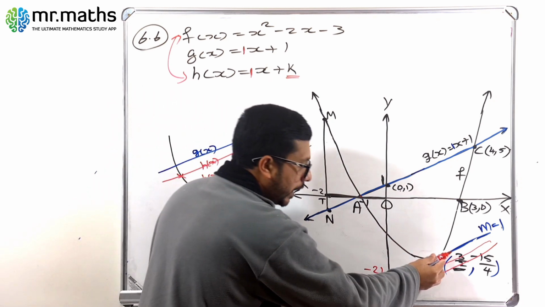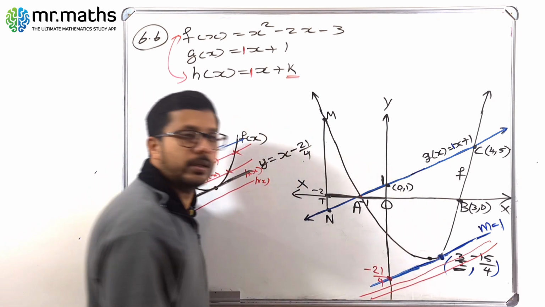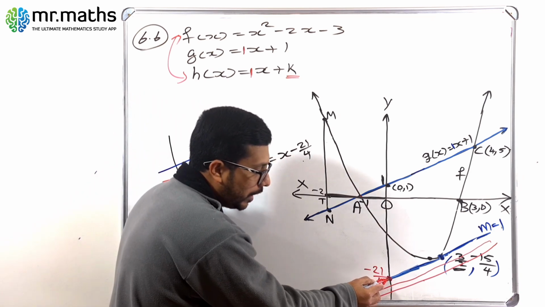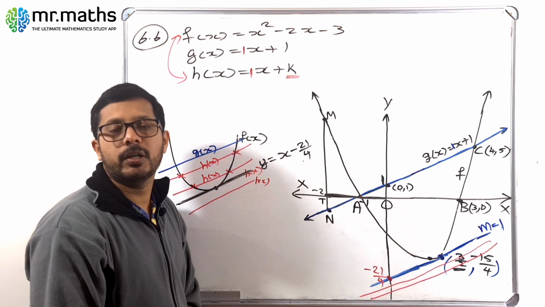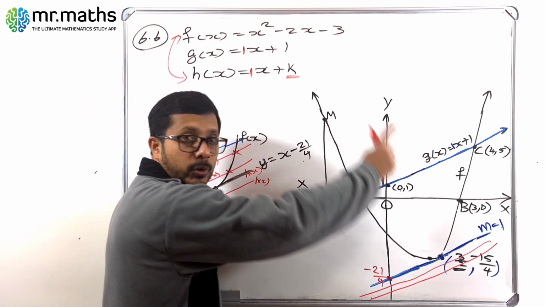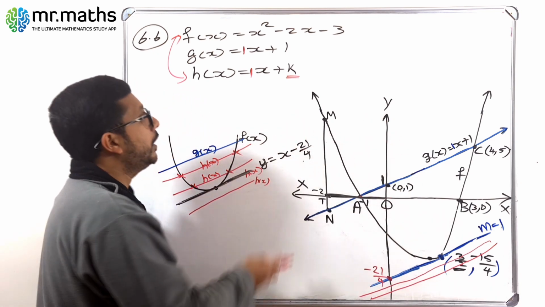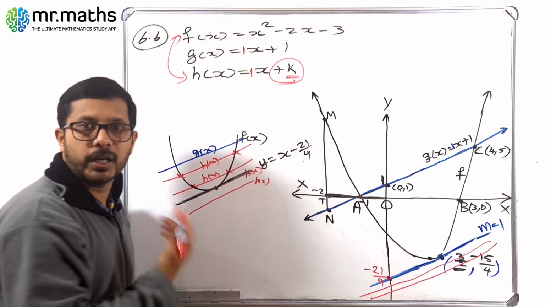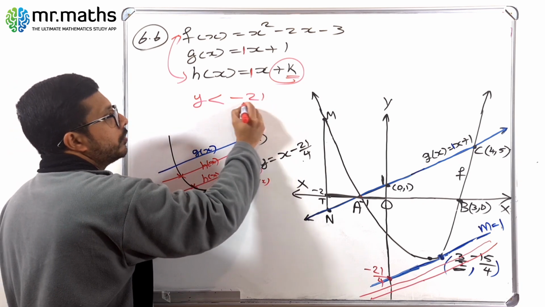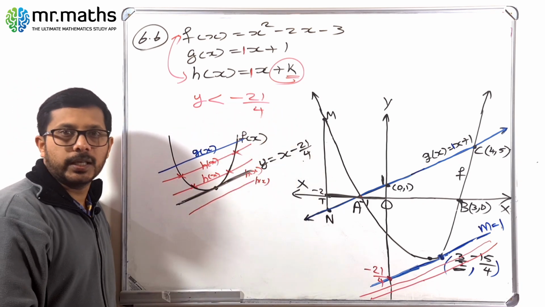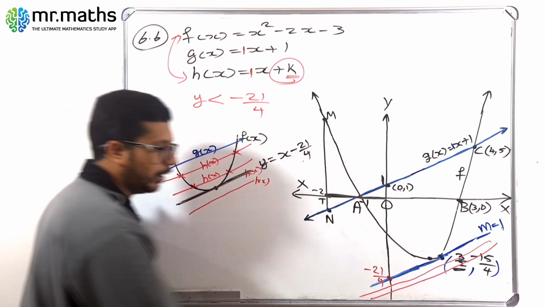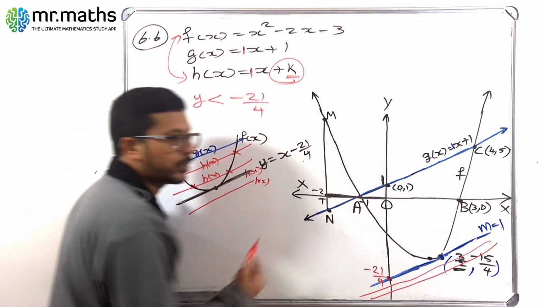So at the tangent, the y-intercept is minus 21 over 4. So if the y value is less than minus 21 over 4, the new graph is not going to intersect this parabola. So k stands for the y-intercept. If y is less than minus 21 over 4, then our h of x and this parabola do not intersect.